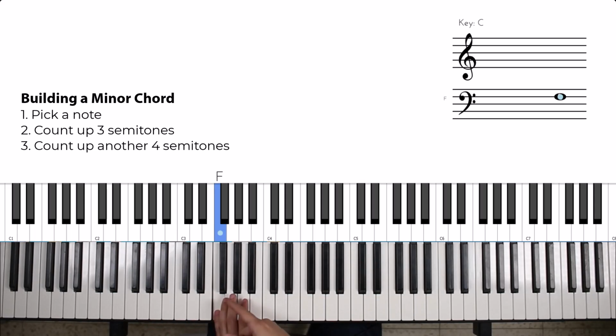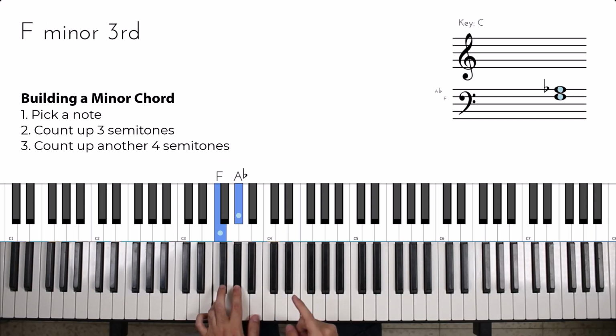Let's say F. Count up 3 semitones. So these are 3 adjacent notes on the keyboard, including the black notes. So 1, 2, 3. And then count up 4 semitones. 1, 2, 3, 4. And what you have here is an F minor chord.